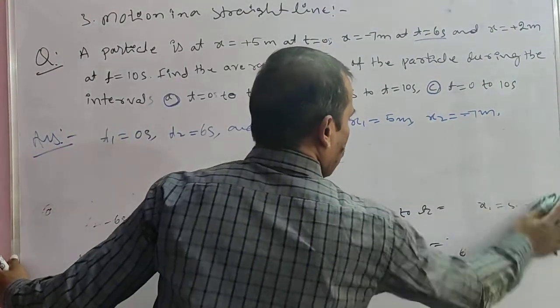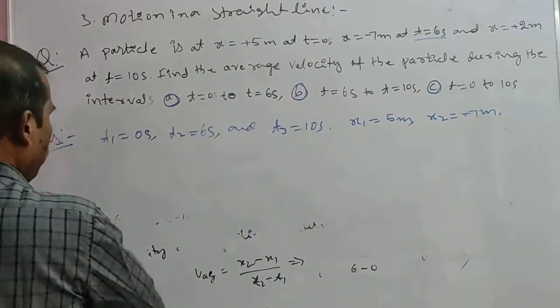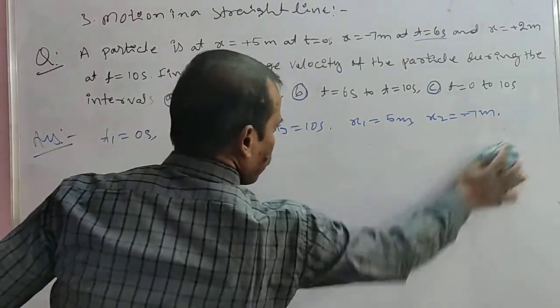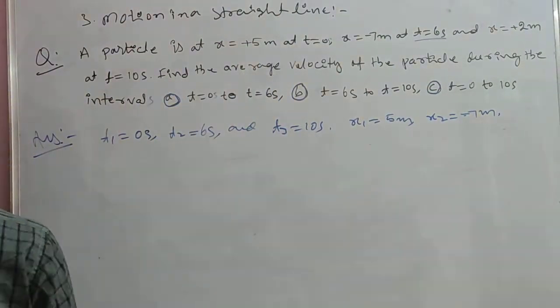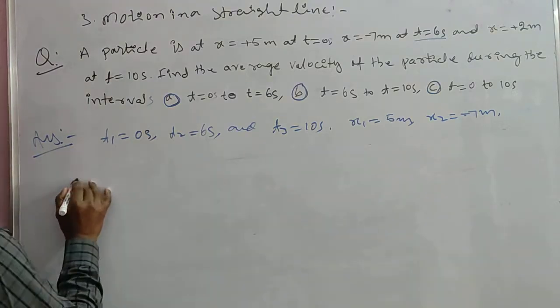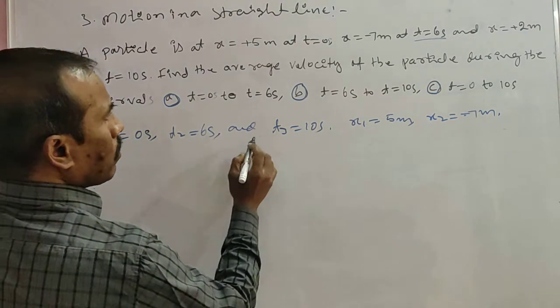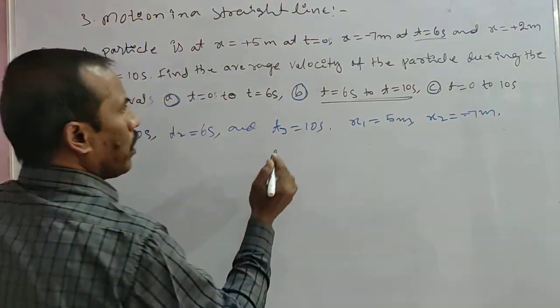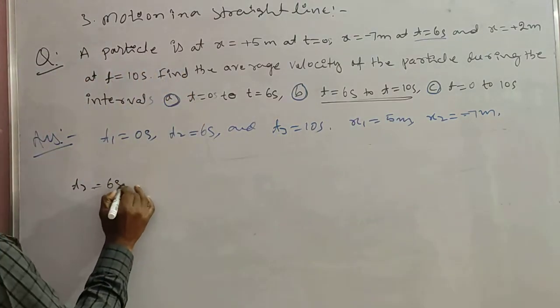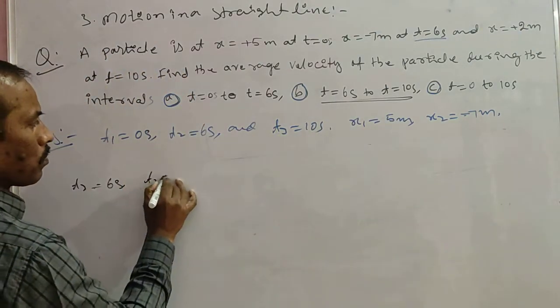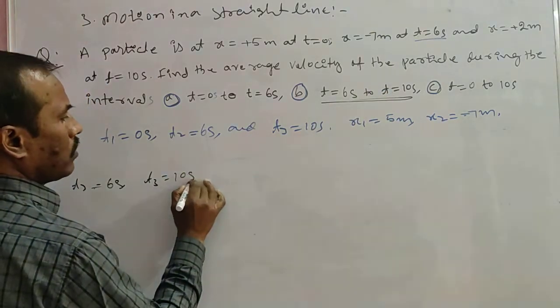Next, average velocity. Here t2 is equal to 6 seconds, this is case 2, and t3 is equal to 10 seconds.